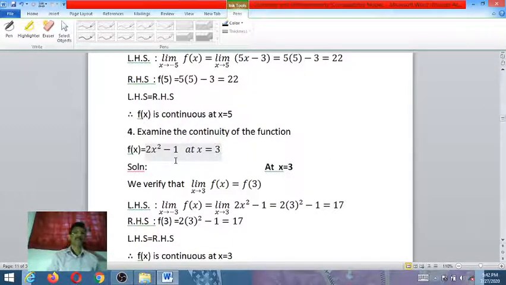Now look at it. It is given that the function is f of x equals 2x square minus 1 at x is equal to 3.